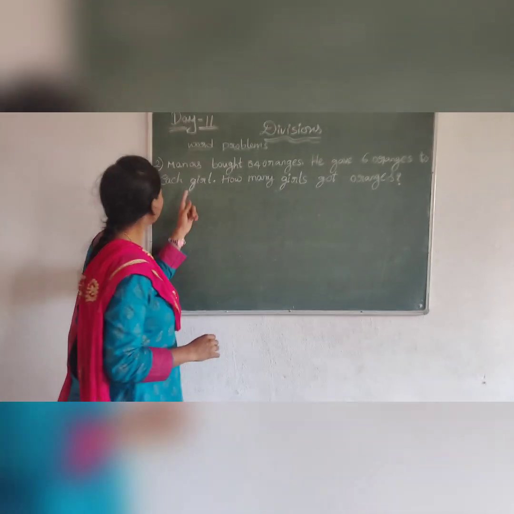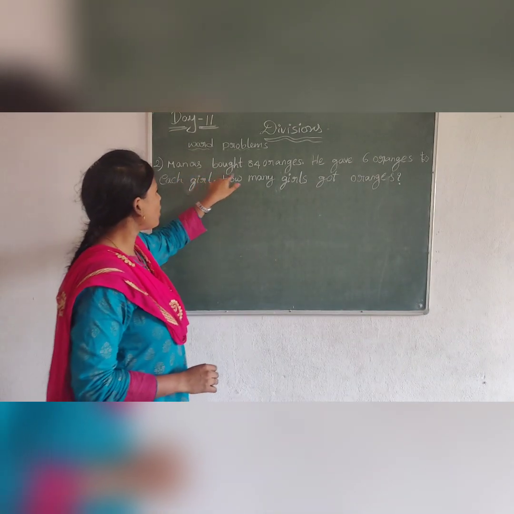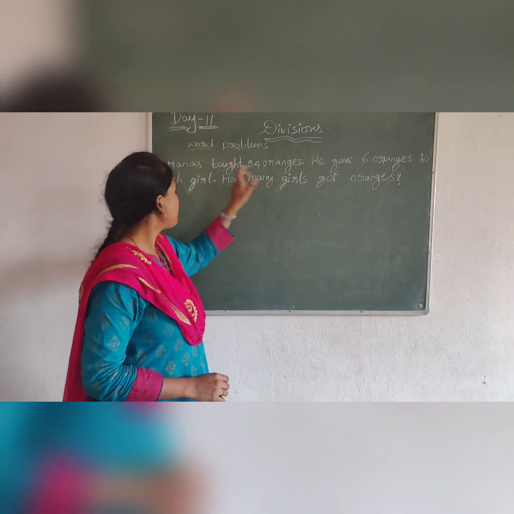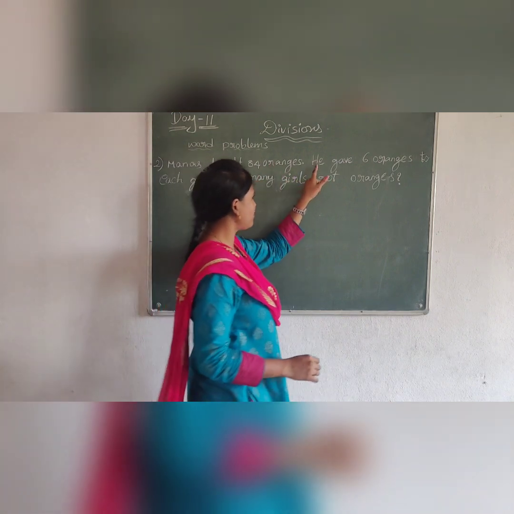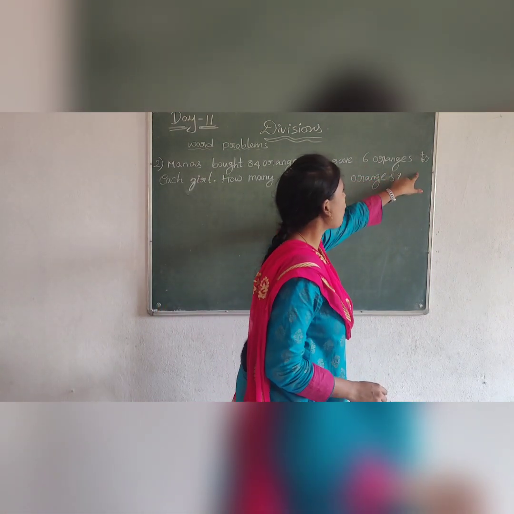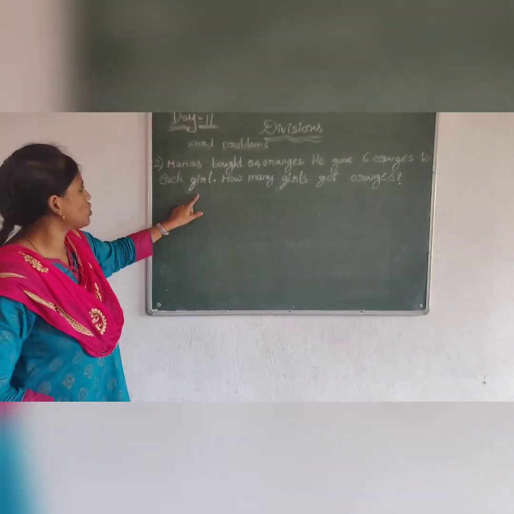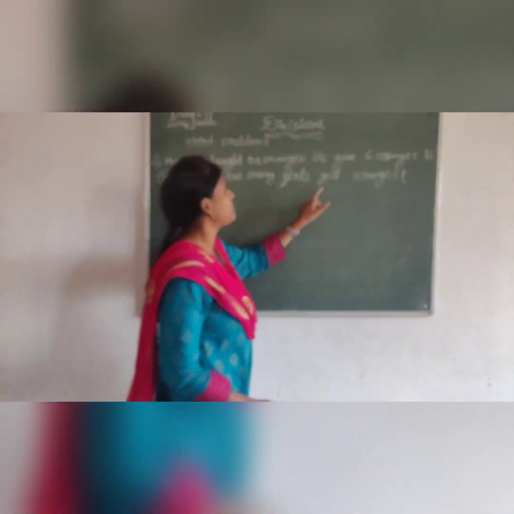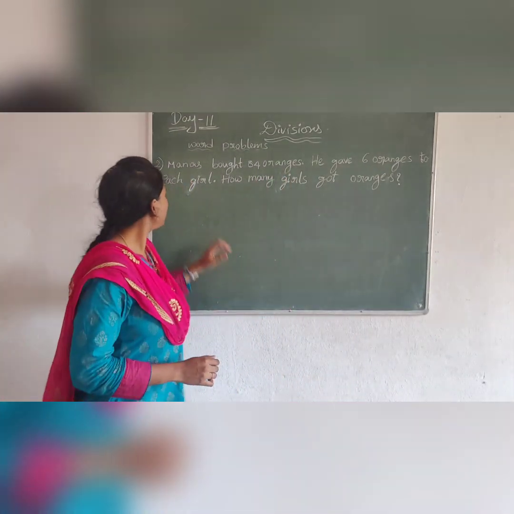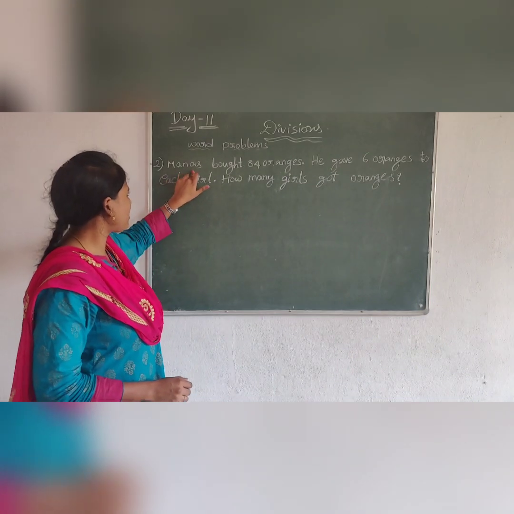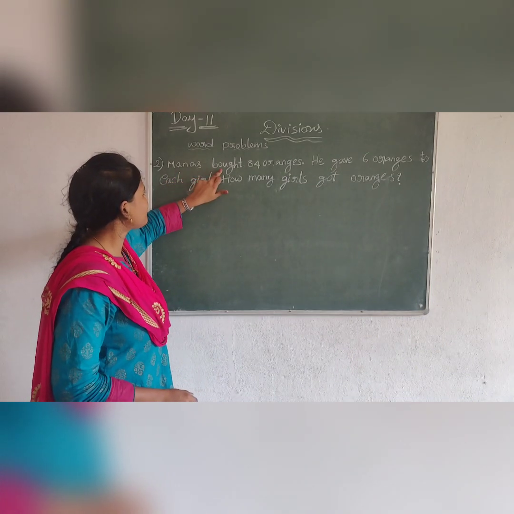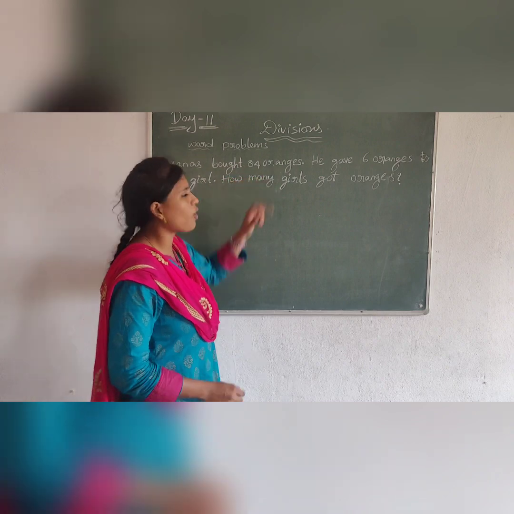Let's see the second one. Manas bought 84 oranges. He gave 6 oranges to each girl. How many girls got oranges? Let's see again, I am reading the question once more. Manas bought 84 oranges.